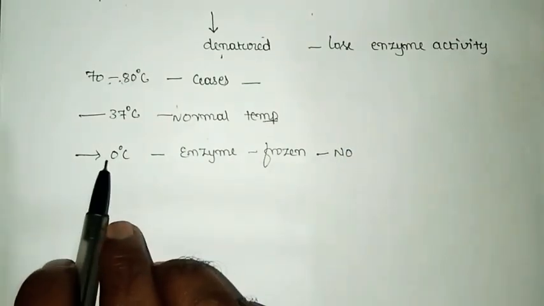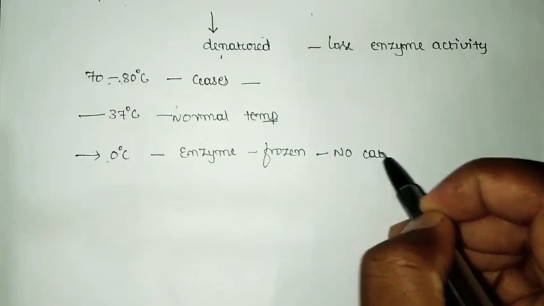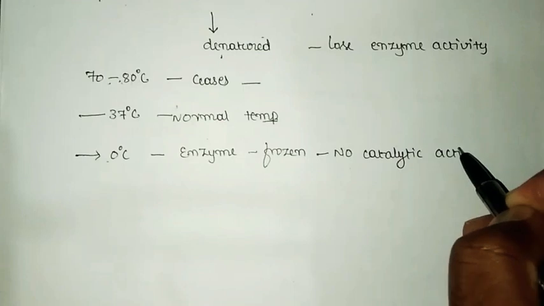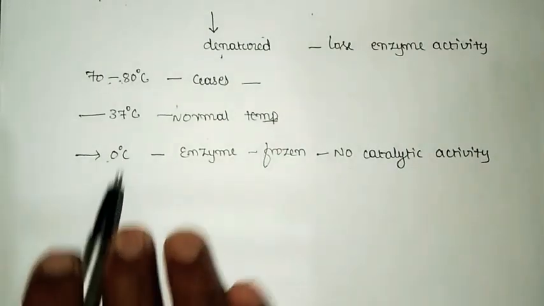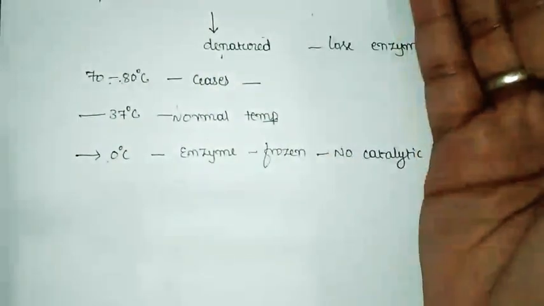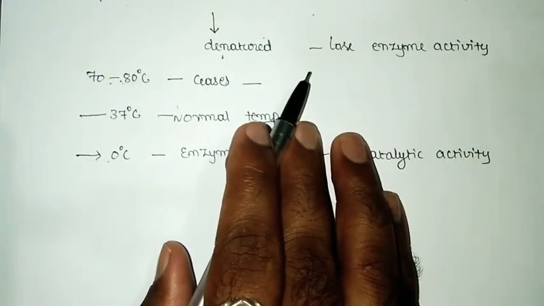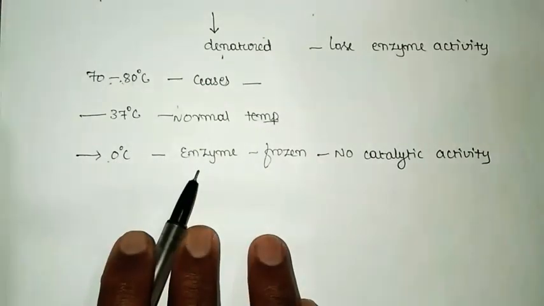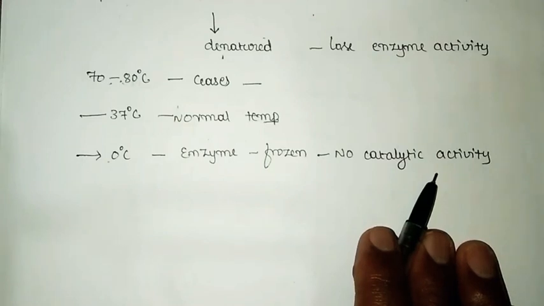That means at 0 degrees Celsius the enzyme gets frozen, and at that temperature there will be no catalytic activity. But one question may arise in your mind. When the temperature goes to a high value, the protein part gets denatured and the enzyme loses its catalytic activity. When 0 degrees Celsius is reached, the enzyme gets frozen, and at that temperature there is no catalytic activity.